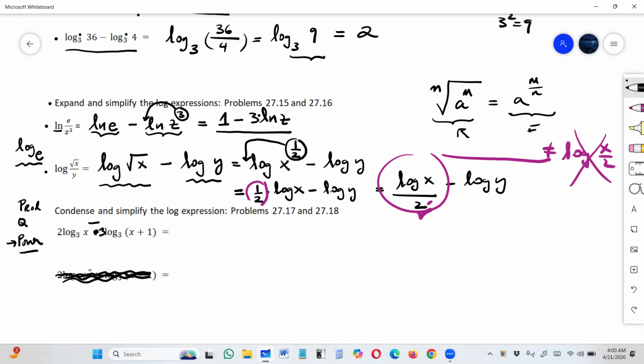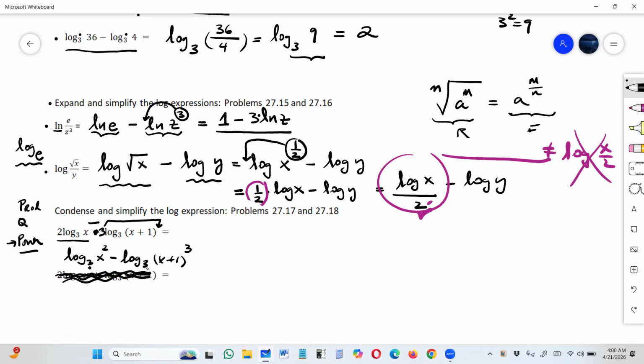Okay. Let's pretend I had this. So the first piece would look the same. Log base 3 x squared minus. The 3, not the negative, would go right here. Log base 3 x plus 1, 3.